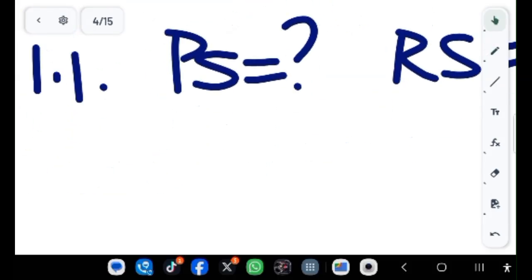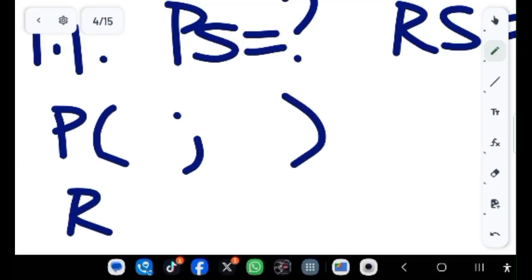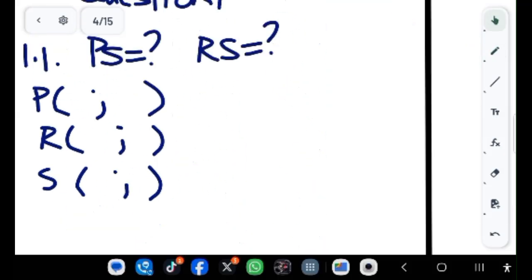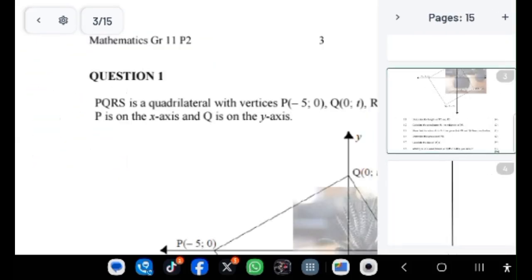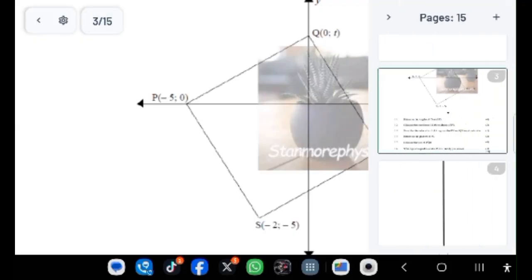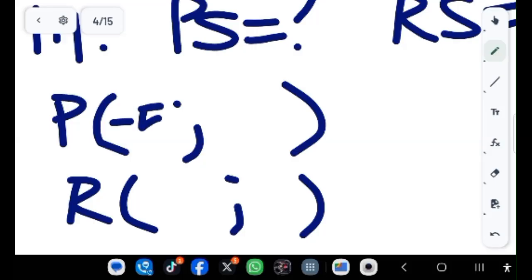All right, let's get the coordinates of P, R, and S. The coordinates of P are -5, 0.